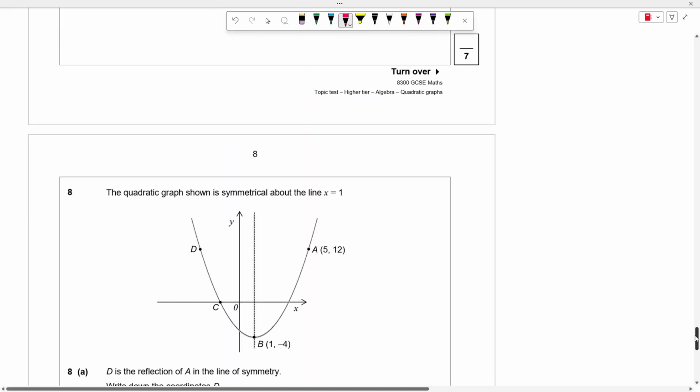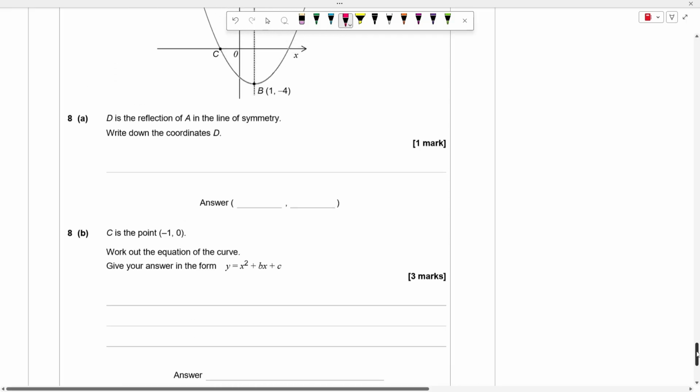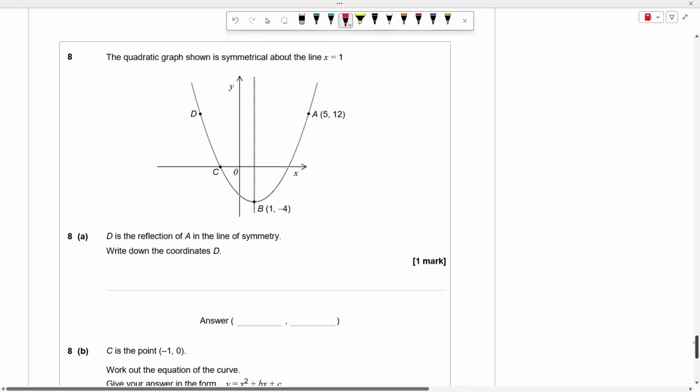And then moving on to our last question, it says the quadratic graph shown is symmetrical about the line x equals 1. D is a reflection of A. Write down the coordinates of D. So again, very similar to the previous question. My line of symmetry is x equals 1. The y ordinate for D is going to be the same, so that's 12.